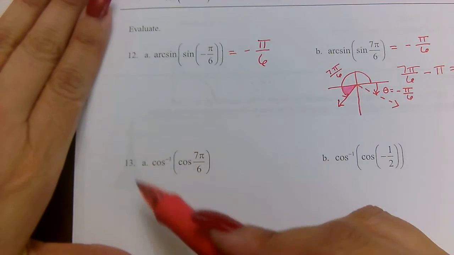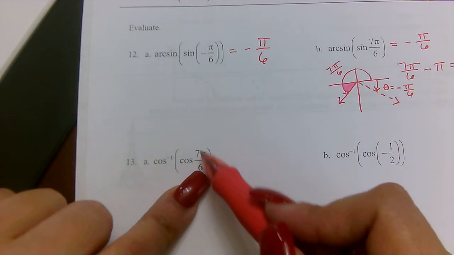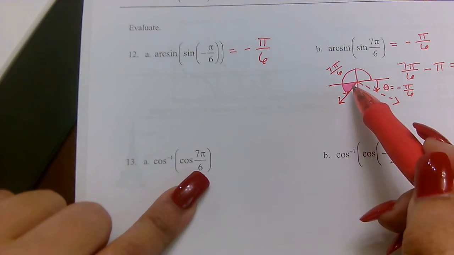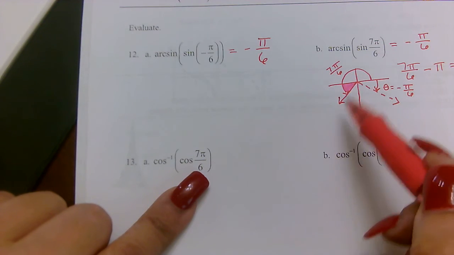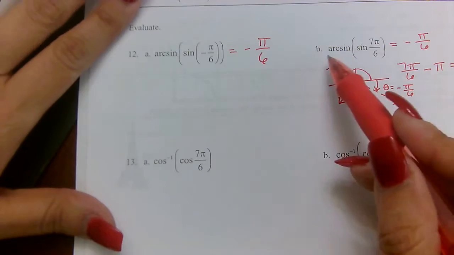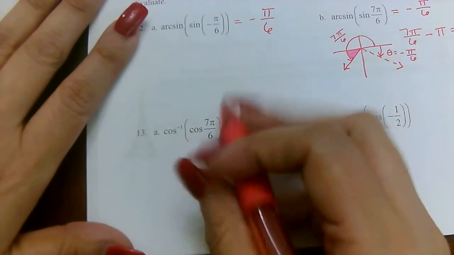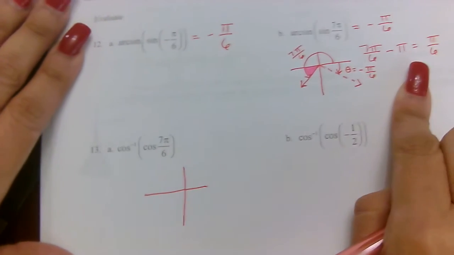In this problem right here, it has similar things, but you can see that the angle for cosine is going to also be in quadrant 3. Now cosine in quadrant 3 is negative, which means we want to move our theta into quadrant 2 because we never use quadrant 3. We already have our reference angle, which is pi over 6.